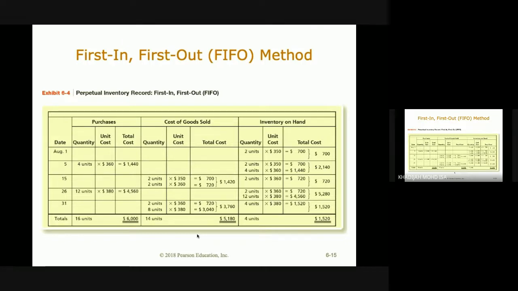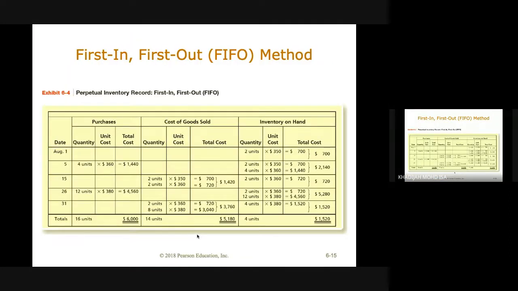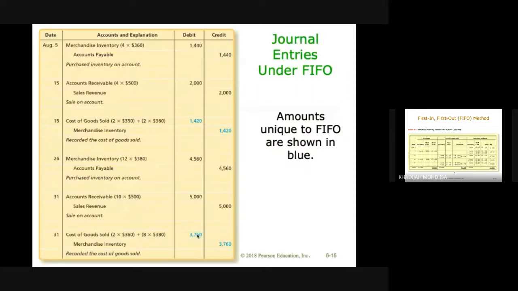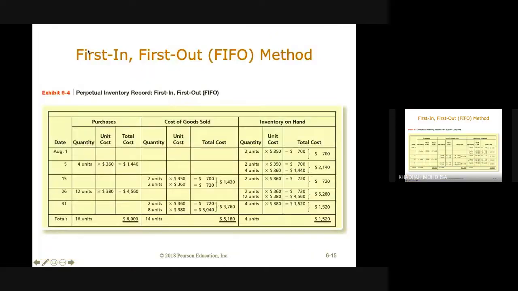So that's perpetual. So how to record when there's a purchase, and you do have purchases and you do have sales, right? How do you record all these transactions? So when you purchase, you are going to debit your inventory, right? So when you purchase 1440 on August 5th, you're going to debit your inventory account. So remember, under perpetual, you're going to have an inventory account.